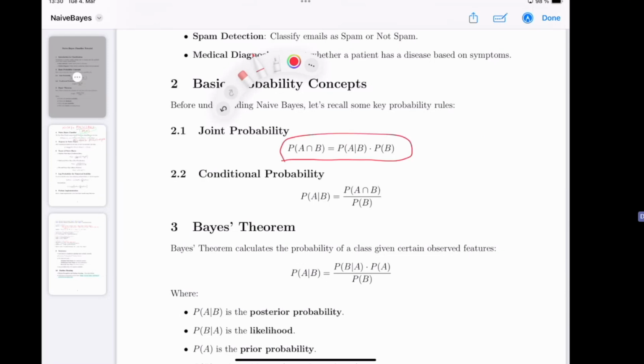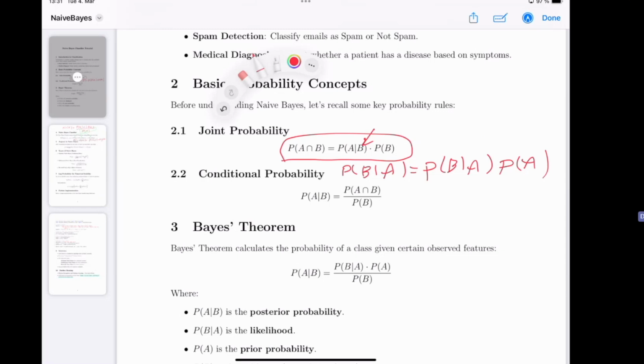You take the conditional probability between them. You can also write it vice versa. It doesn't matter, but we always have this conditional probability. It means that you should consider the probability of one of them happening inside the other one.